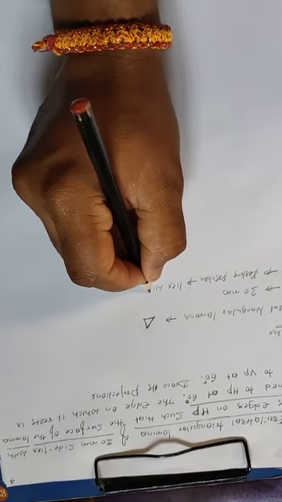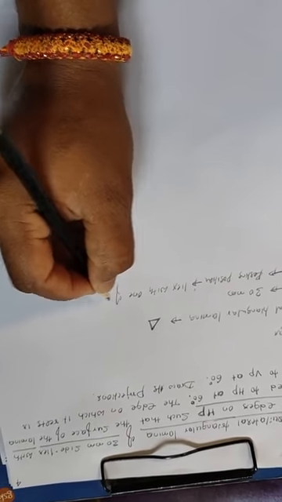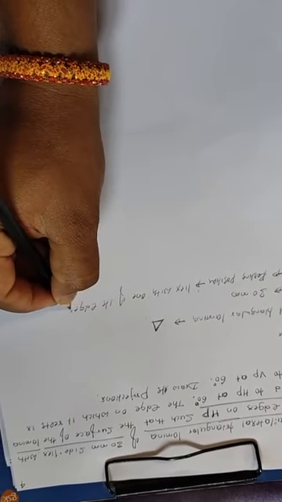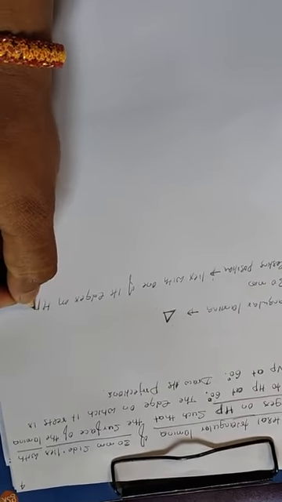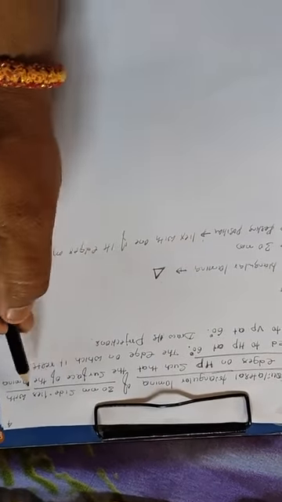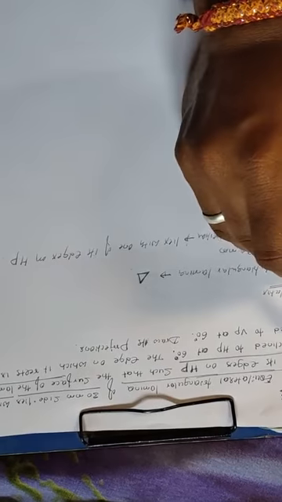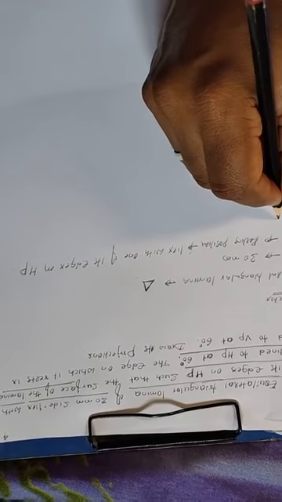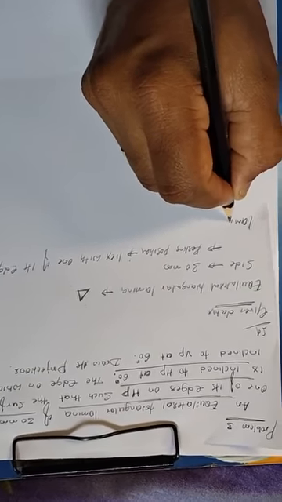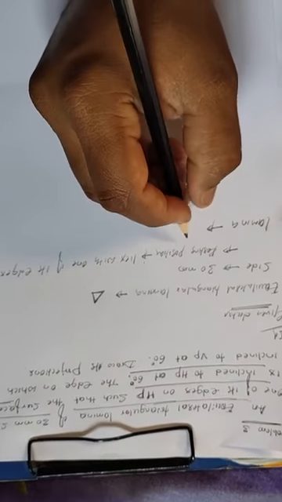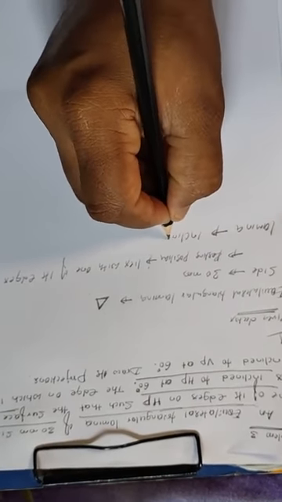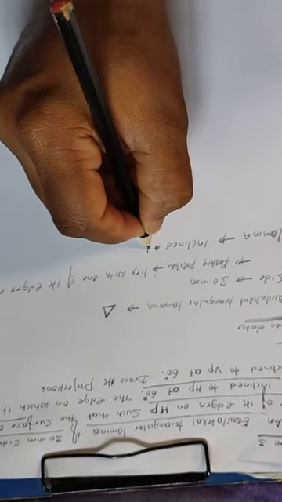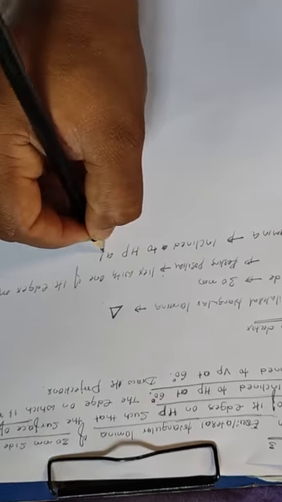Lies with one of its edges on HP, such that the surface of the lamina is inclined to HP at 60 degree. Now the surface of the lamina is inclined to HP at 60 degree.